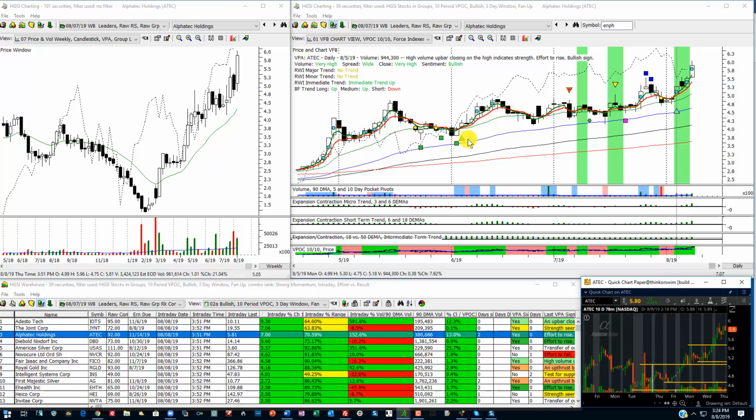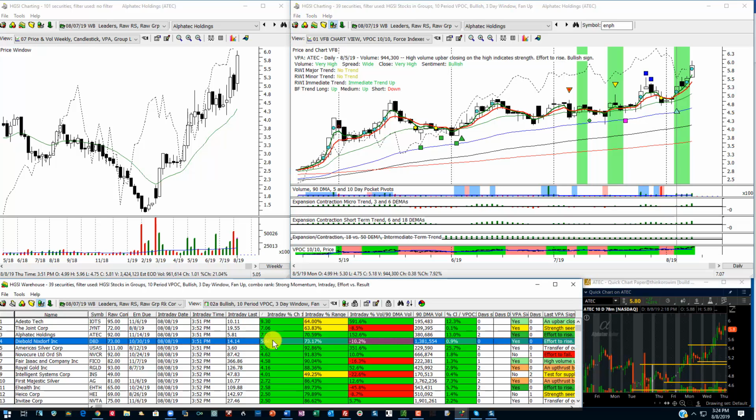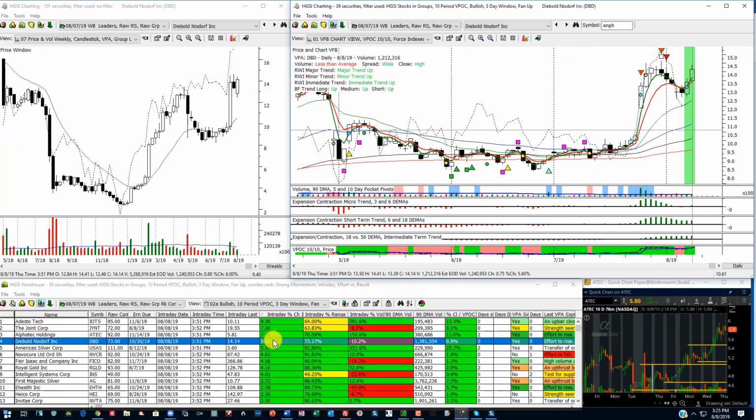So this is why I think these fractals work: you have your primary trend here, you know it's strong, you're getting a signal from the VPOC, and you're looking for entry points on the 78-minute chart. So that is another way to look at it. Maybe there's too much analysis here, I don't know, but I personally like the concept.